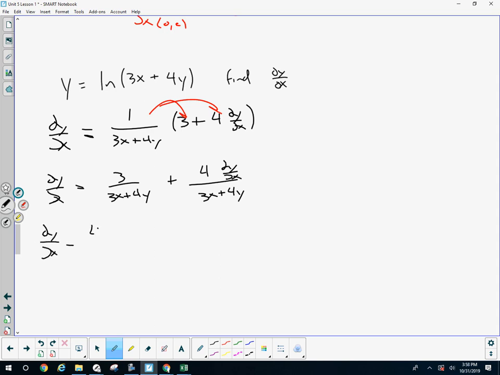Got to combine them. You don't need the dy/dx there. I don't know why I put it there. It can be on the side.